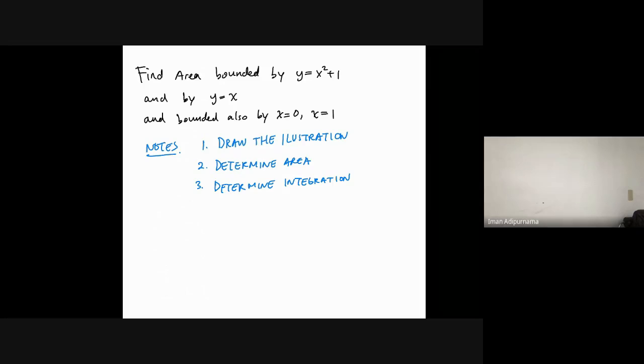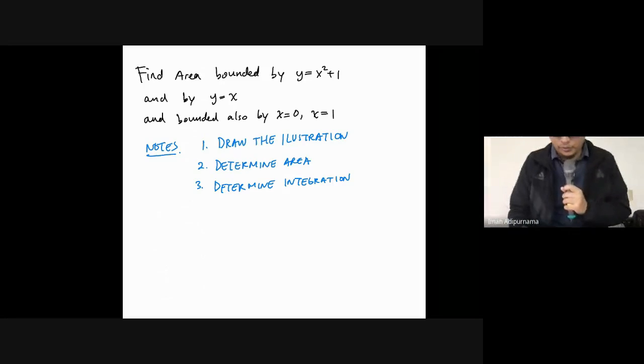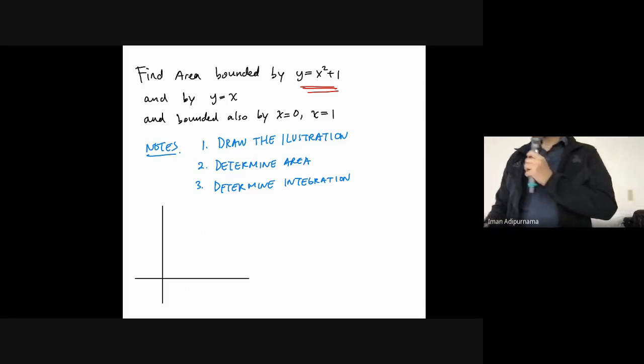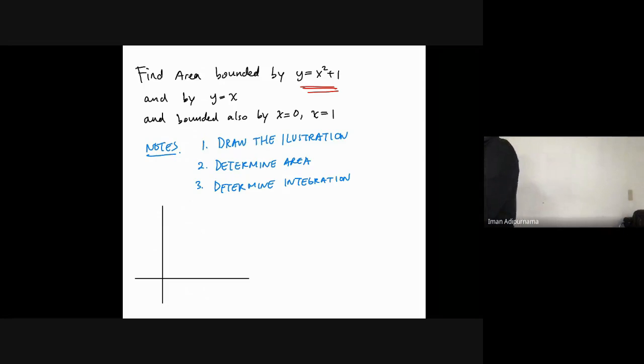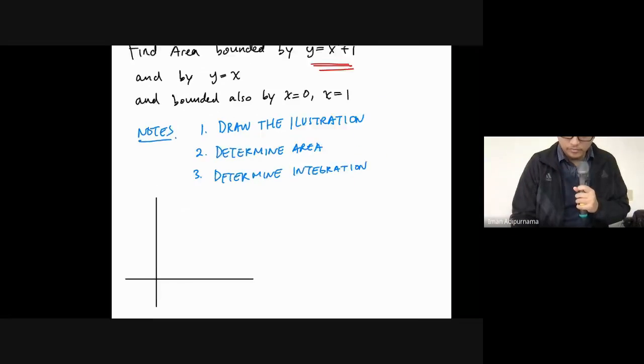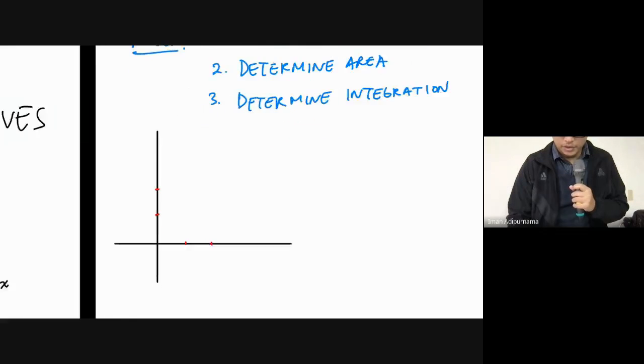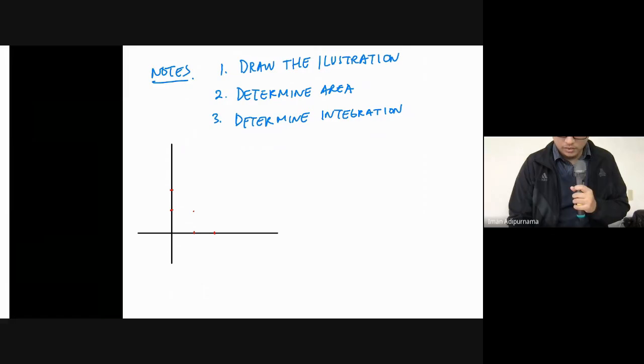Okay, I gave you the example. I think it's not too difficult, right? y equal x squared plus 1 is just x squared moved 1 point up, right? So maybe if this is 1, 1, 2, 2. Let me draw y equal x first.